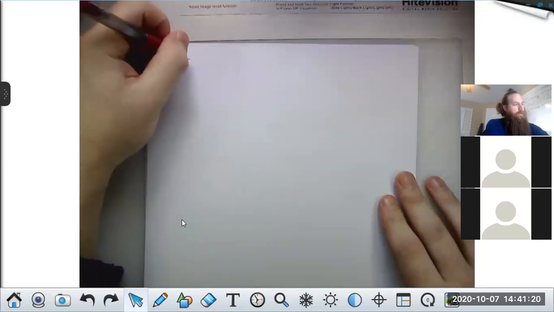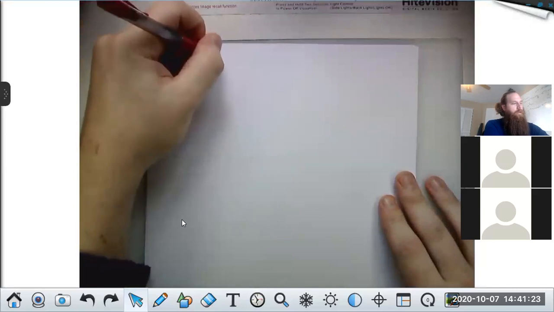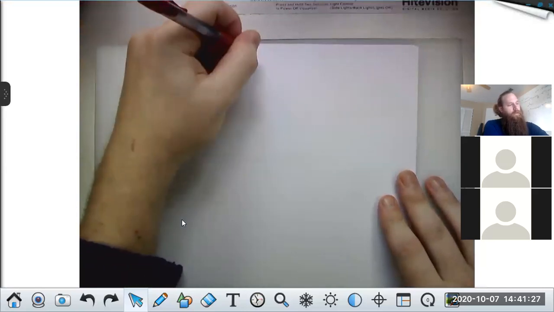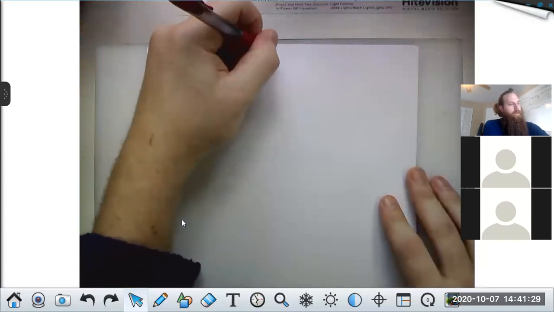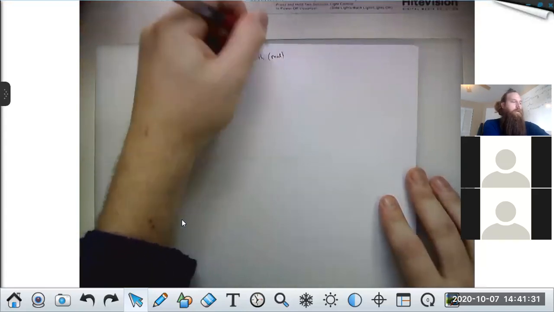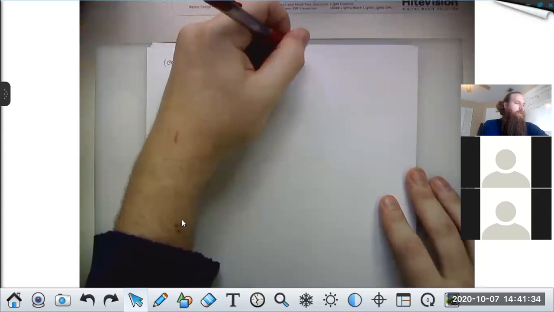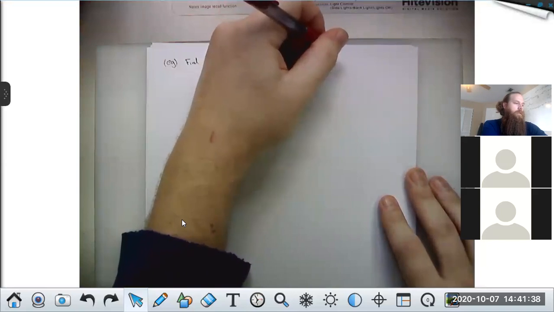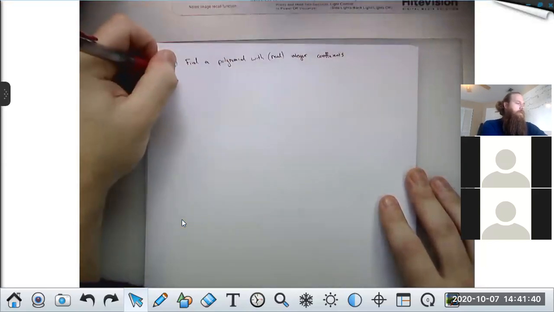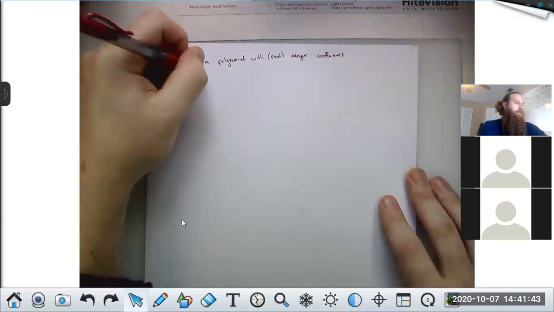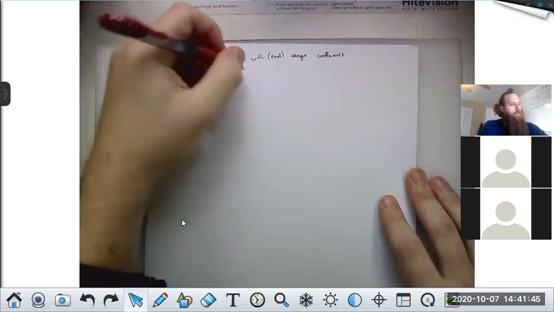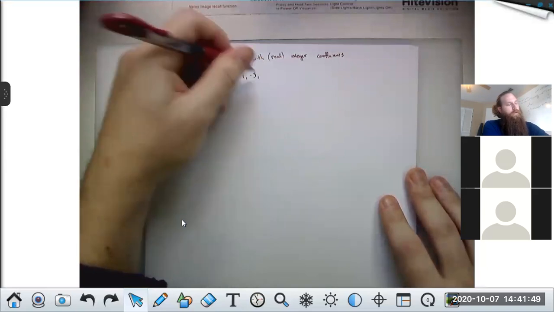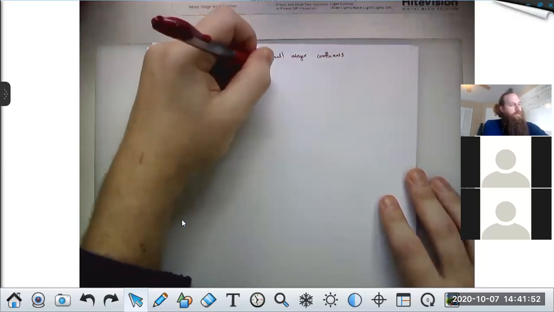I would like to find a polynomial with real integer coefficients having roots 1, -3, and 2i.